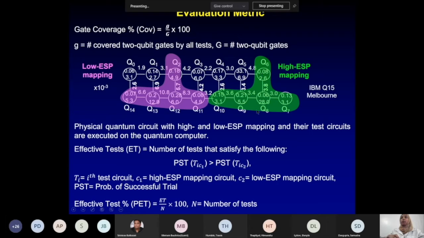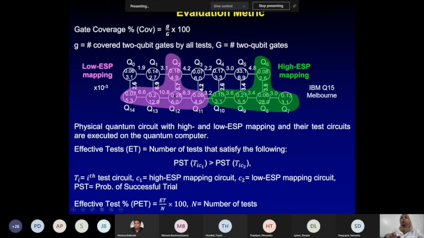We call this physical quantum circuit a high ESP mapping circuit. And then we search on the coupling graph of the quantum hardware for an isomorphic subgraph that has a low estimated success probability now. And we call the generated circuit a low ESP mapping circuit.